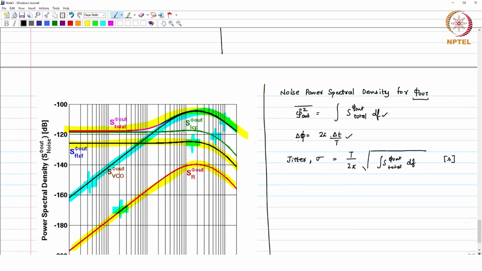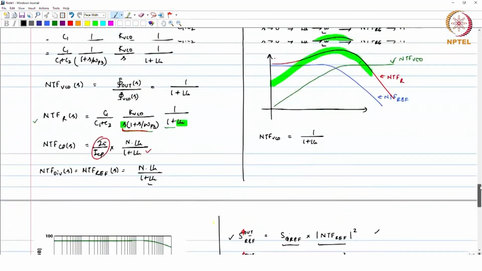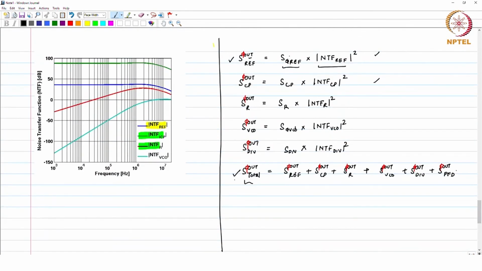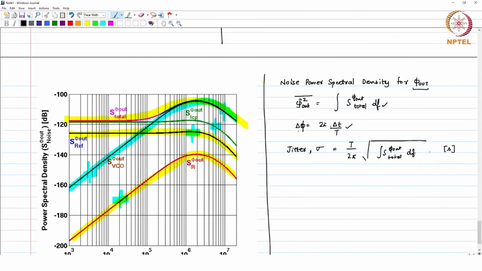So, now you see that based on the loop gain transfer function, your noise transfer function depends, and depending on the noise transfer function and your input noise for different blocks, you get the total output noise, which will finally lead to jitter. If you vary your bandwidth, you vary the noise transfer function, and this jitter will vary.